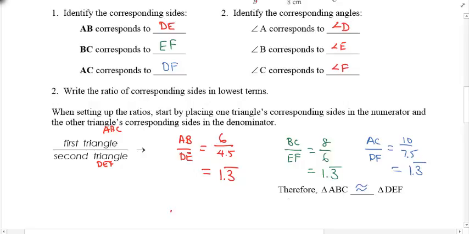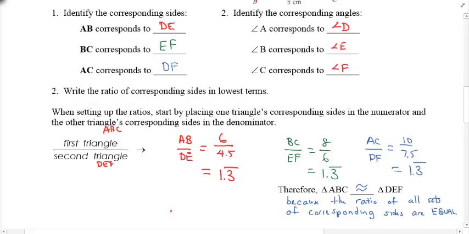Okay? And why? I'll say because the ratio of all sets of corresponding sides are equal.